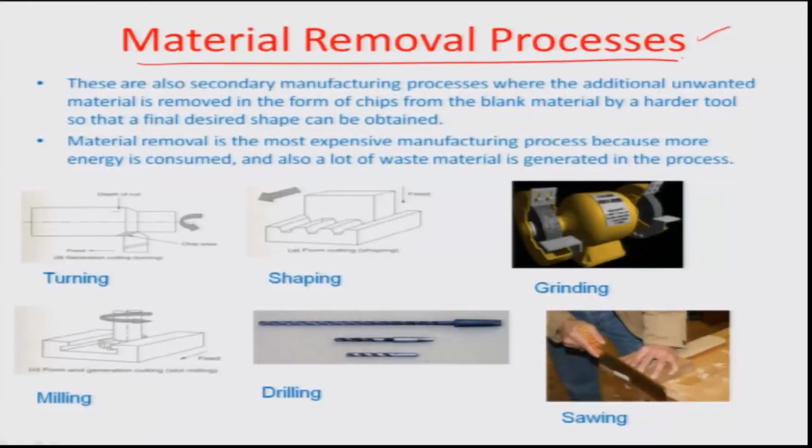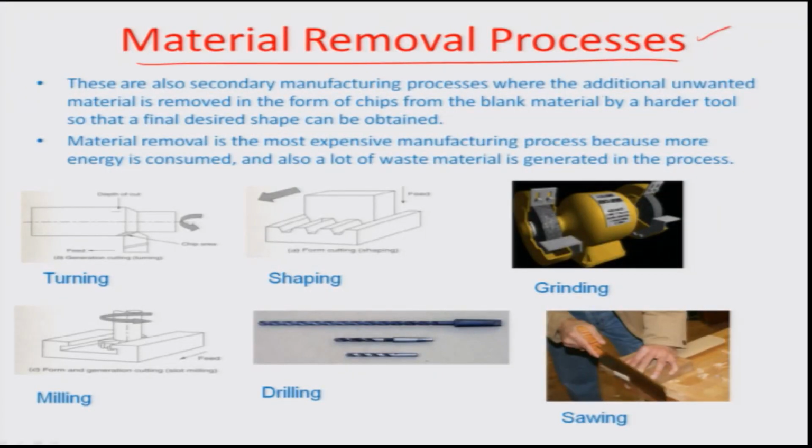Therefore material removal processes are very important, because there is an issue of fitment with respect to each other, and there have to be certain fits and tolerances needed between the different parts which come out, so that they can be put together as an assembly. So the material removal processes become very important.